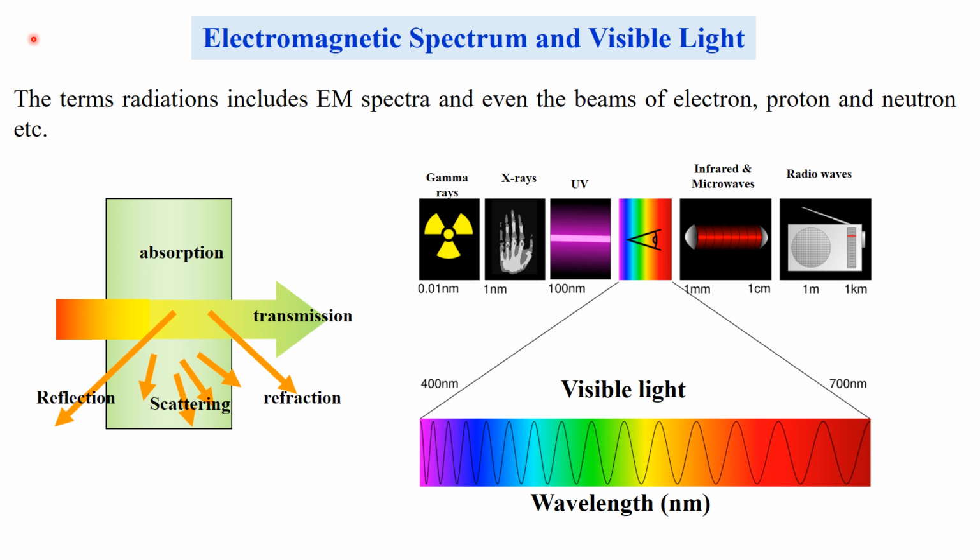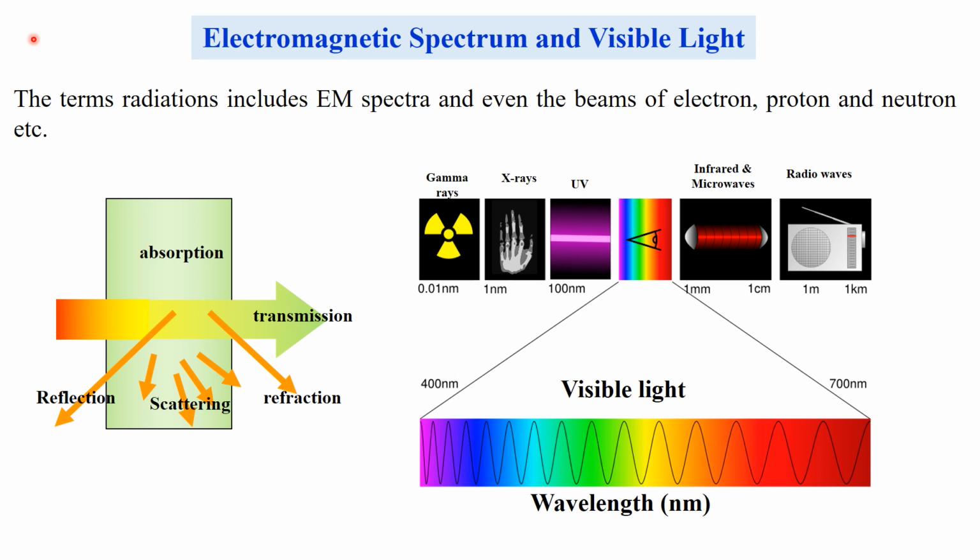These radiations are very widely used in chemistry, such as spectroscopy, which is completely based upon the electromagnetic spectrum, and the visible light deals with UV visible spectroscopy. But here we will study the chemical reactions taking place in the presence of light.